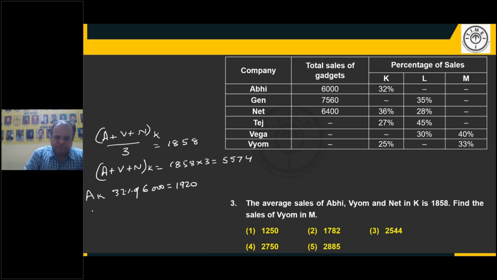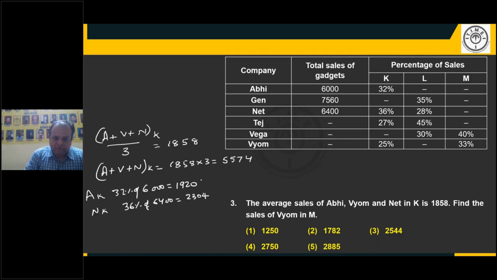Then we can also find Net sales in K. Net sales in K would be 36% of 6,400, and that totals to 2304. Right.